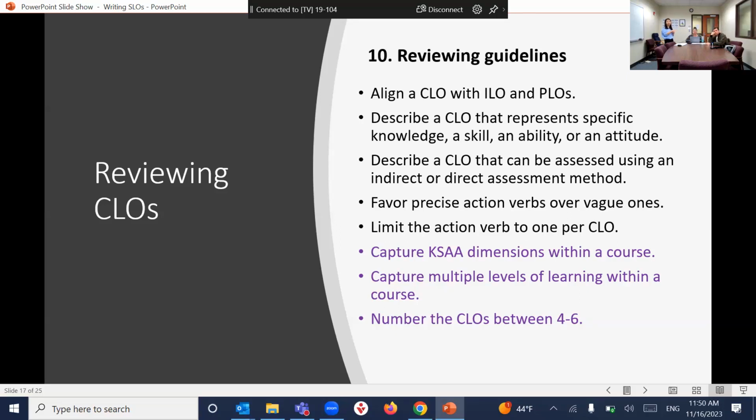And the next is to capture multiple levels of learning within a course. As we have mentioned, for example, for the cognitive domain, we have 6 levels of learning. We are expecting the course to cover more than 1 level of learning.